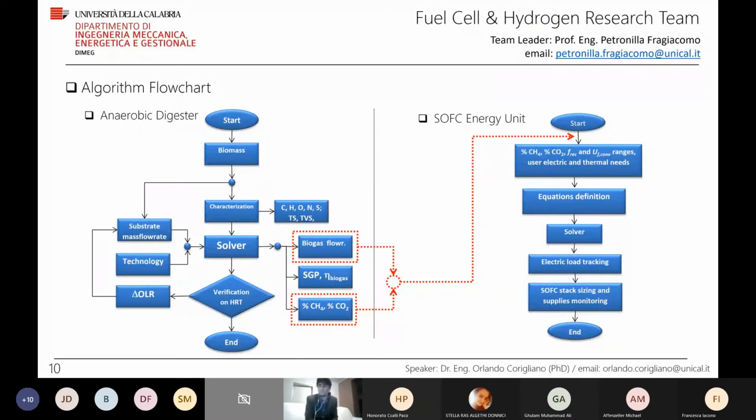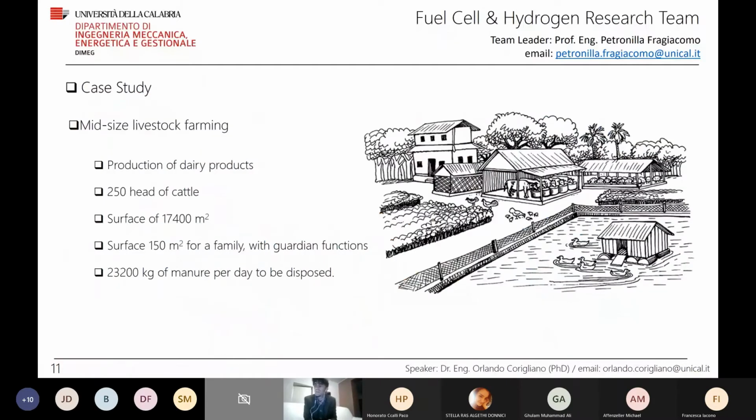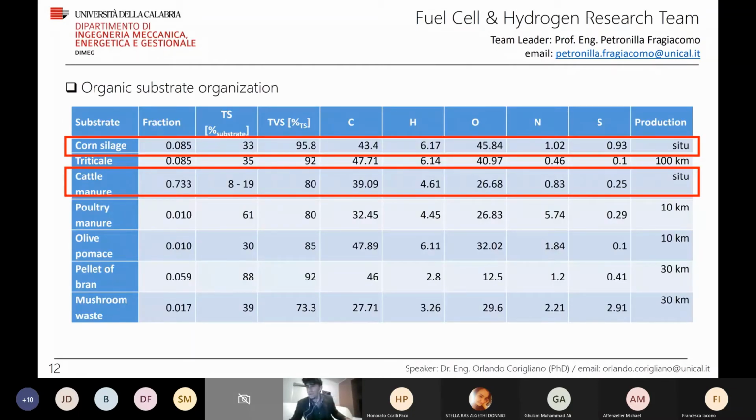The case study refers to a mid-sized livestock farm with 250 cattle and a surface of about 17,000 square meters. About 23,000 kilograms of manure are available daily. Without going into detail, this slide shows the organic substrate organization.